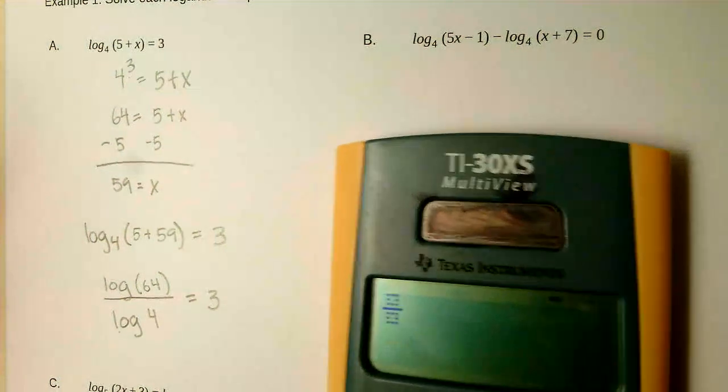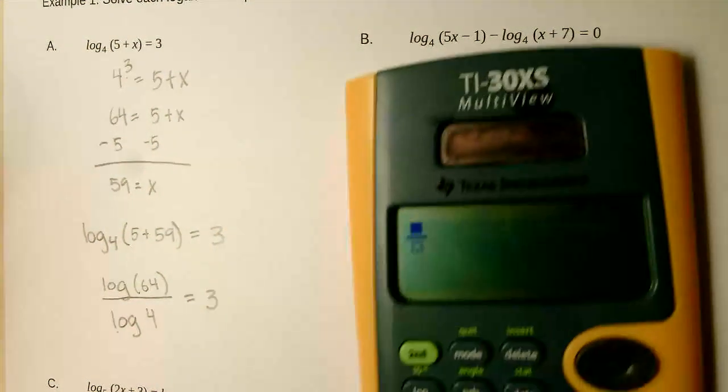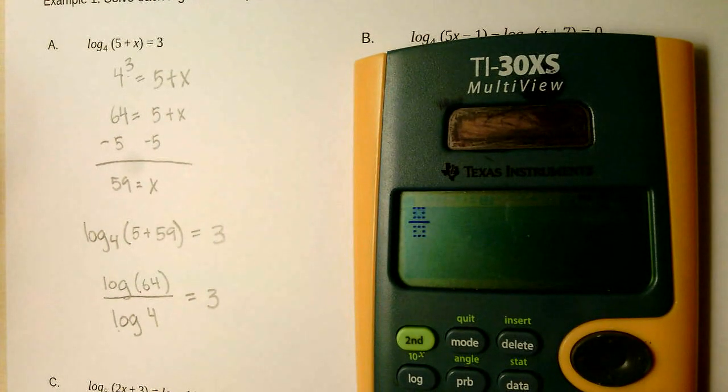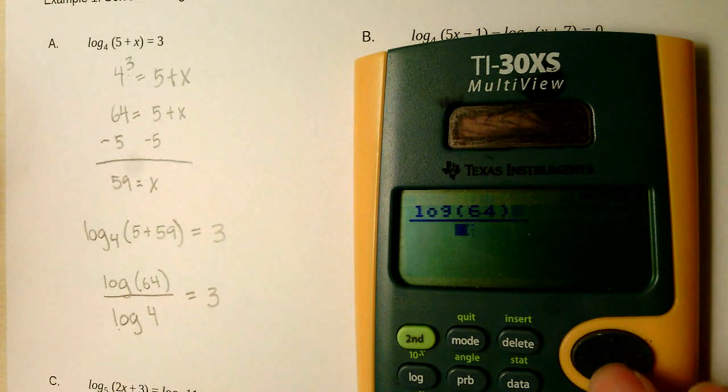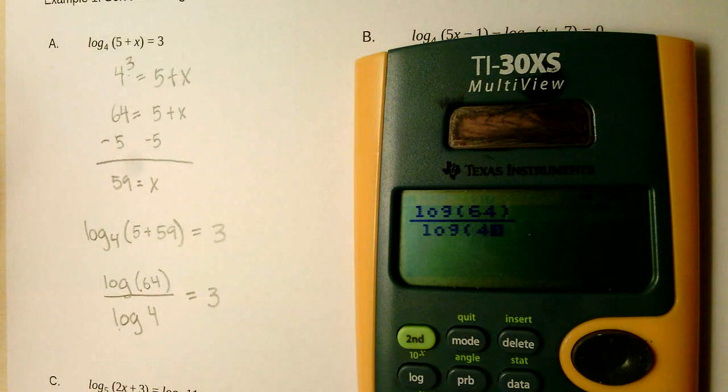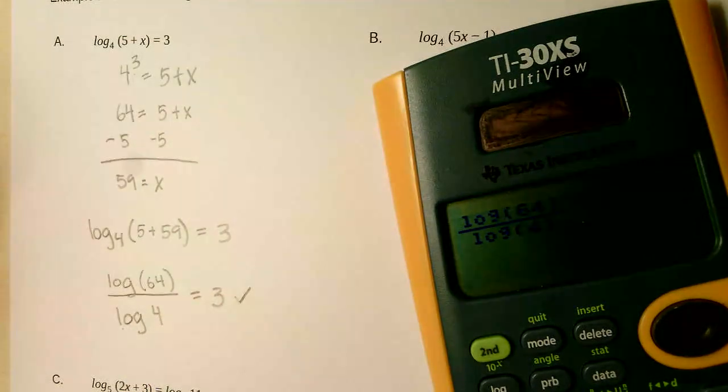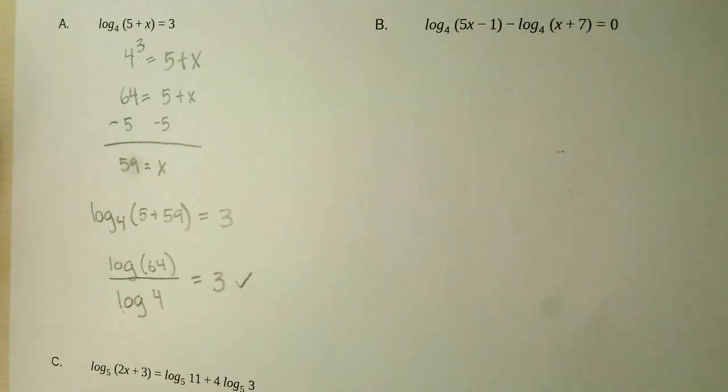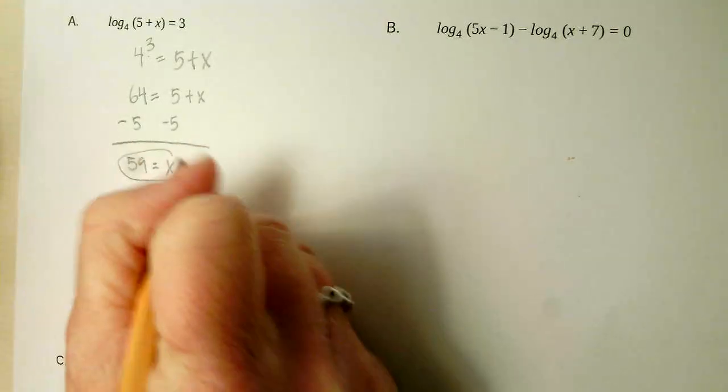So I am grabbing my calculator. I'm going to try log of 64 divided by log of 4, and I get 3. Okay, so I know that I got the correct answer, and my answer is x equals 59.